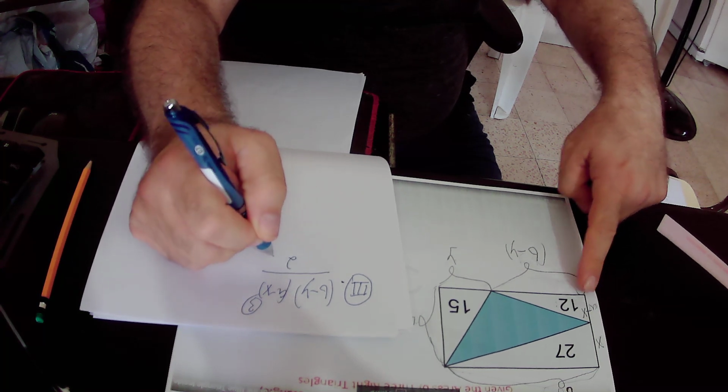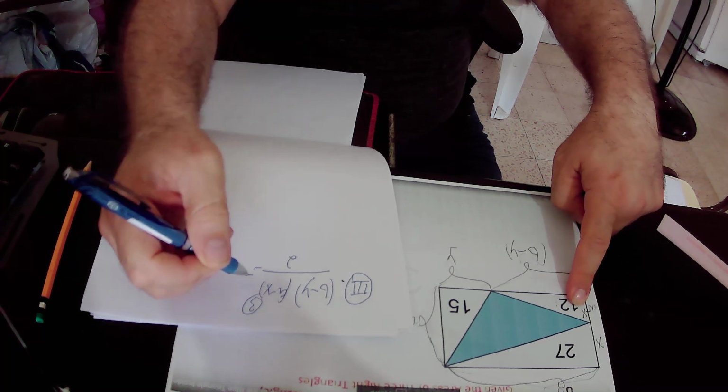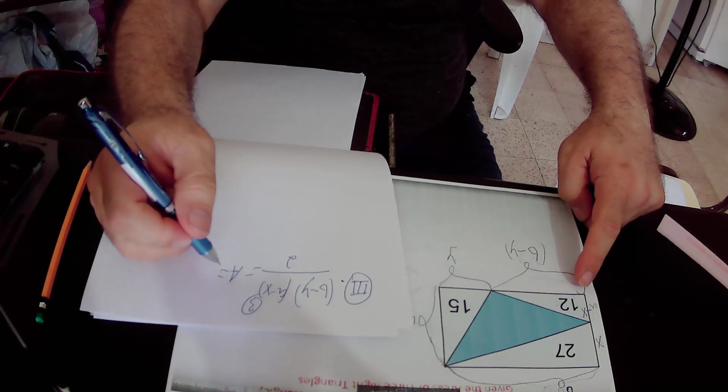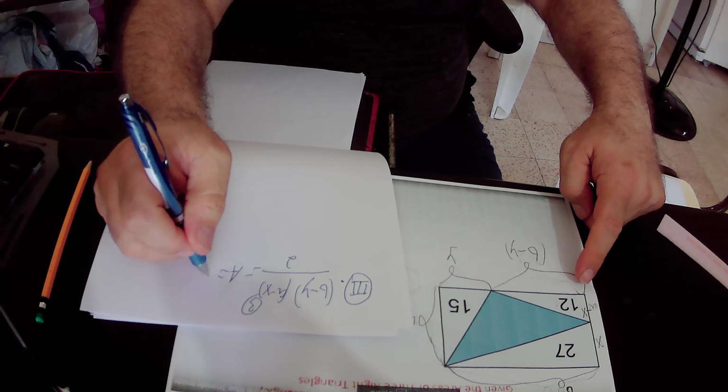But we know that the area equals 12 units, so we can write it immediately.